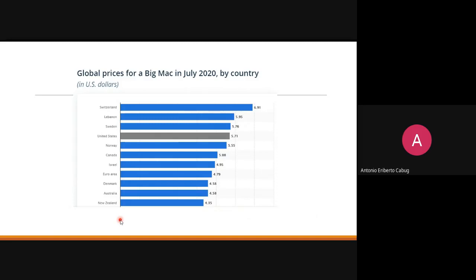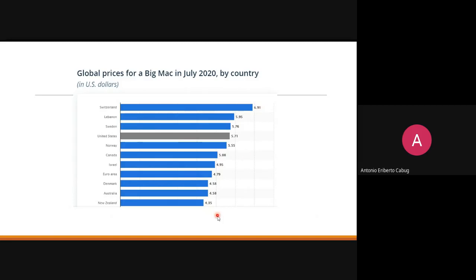There would be what we call arbitragers, people who will be engaged in arbitrage. They will buy in New Zealand at 435 and sell in Switzerland at 691.